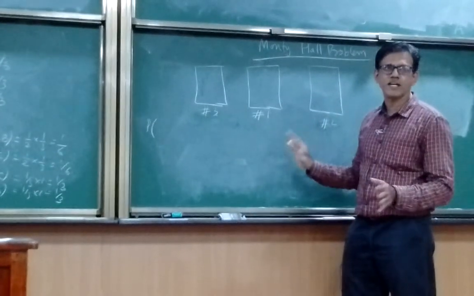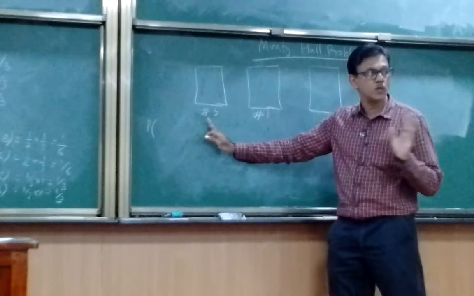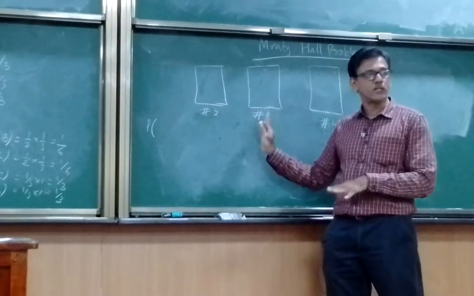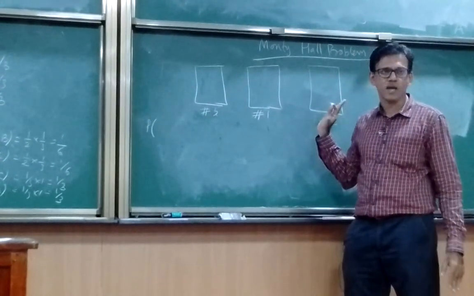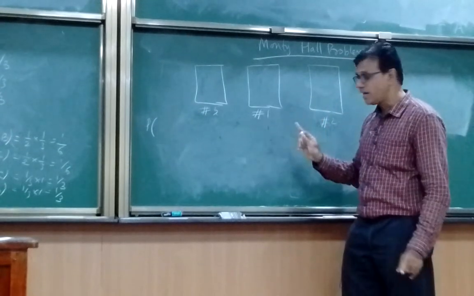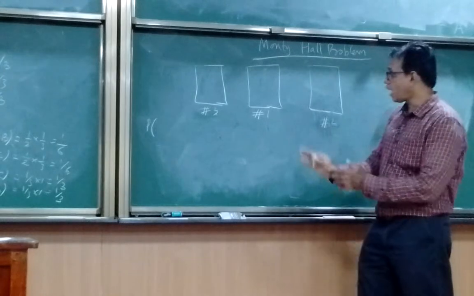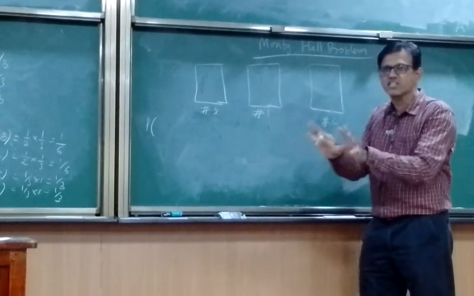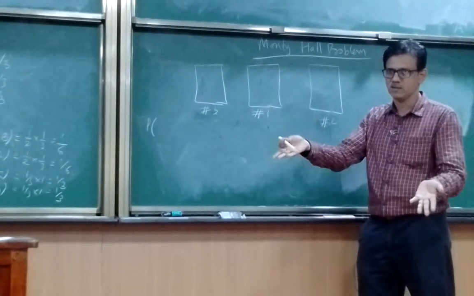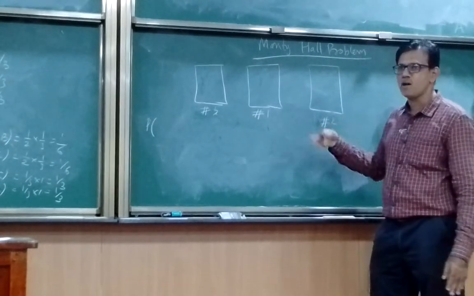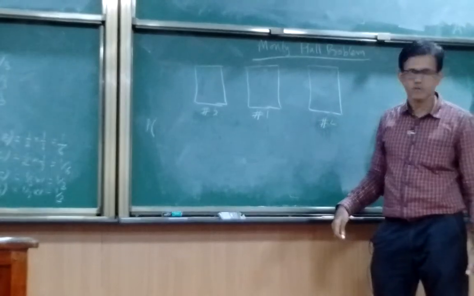Now the question is whether you should stick to 1 or switch to 3. Incidentally, this numbering 1, 2, 3 is arbitrary. Don't think that the contestant can only choose 1. There is no restriction on that. Whatever he chooses, we are numbering it, only for the purpose of uniformly following this scenario.